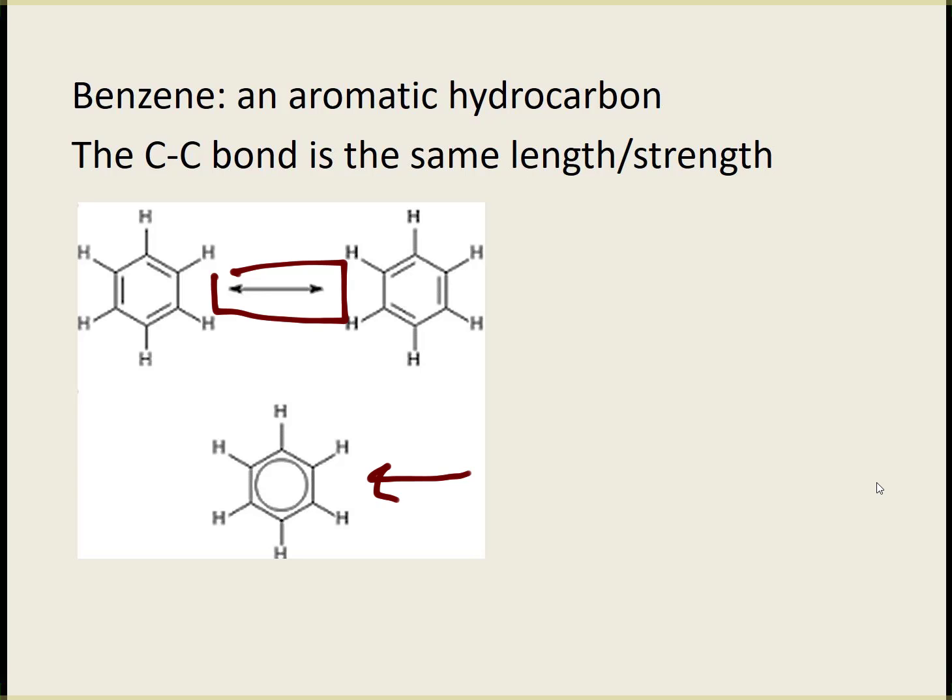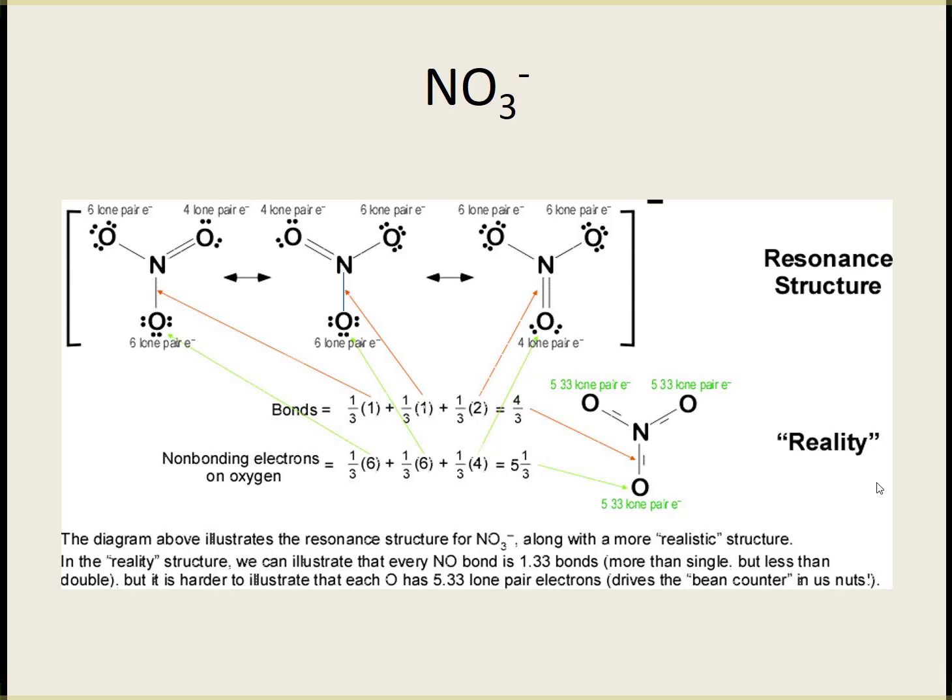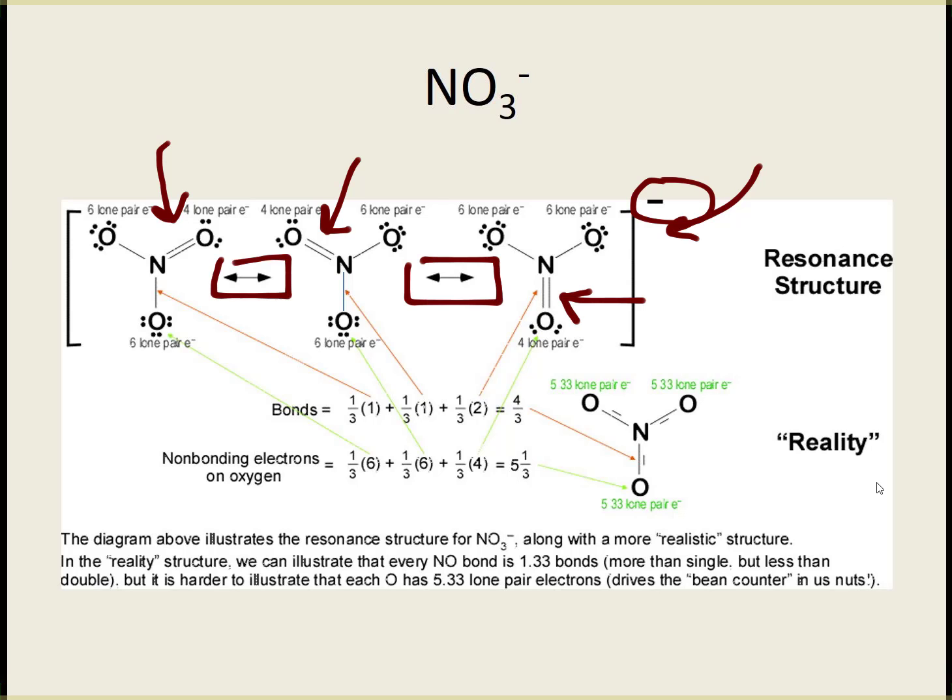This is the polyatomic ion nitrate, and you can draw it like this. Notice that there are brackets because this is an ion. It does have a negative charge, and I can put a double bond on the right-hand side or the left-hand side or the bottom. And all of these are resonance structures. There's that double-headed arrow. When you look at the molecule in reality, there is resonance.